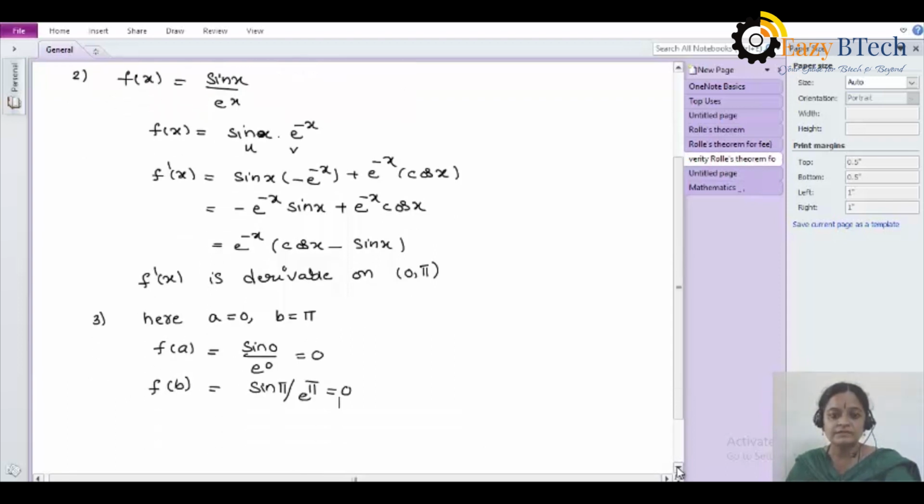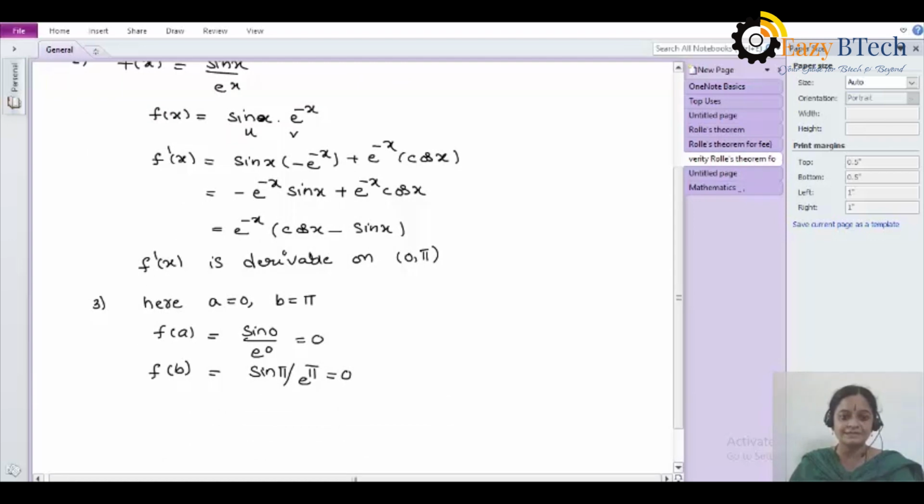So 0 by anything is 0. So it was clear that f of a is equal to f of b.